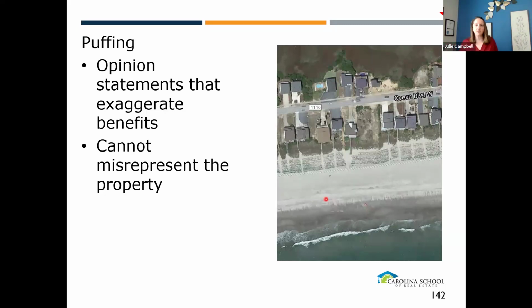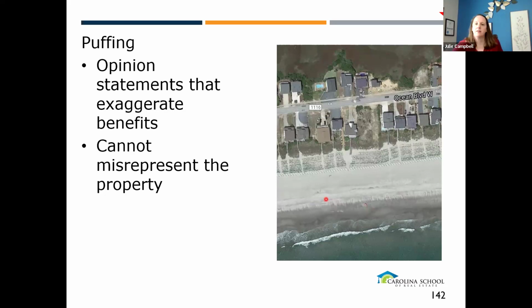If you guys have ever seen the description of a property, we like to use a lot of fancy adjectives to help paint a picture of the property, help make it desirable, help make it attractive. Puffing would be like best house on the block. Well, that's probably my opinion. Your opinion may be that another house on the block is better, right?